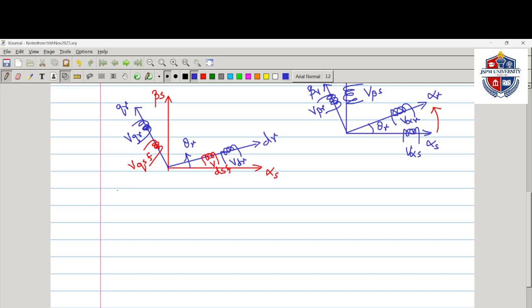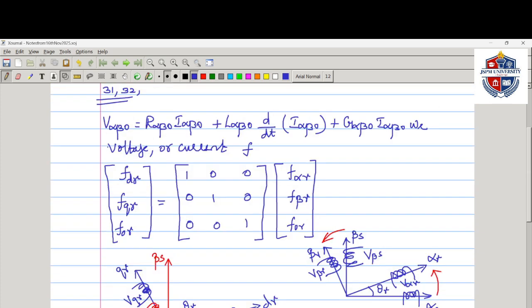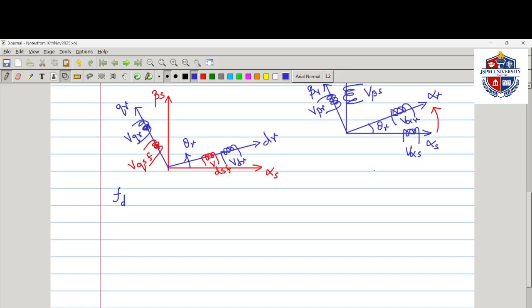So now I am going to write the fictitious variables. Already I have given the stator and rotor variables here as such, right? So now I am going to write those fictitious variables. I can write FDSF, FQSF and F naught SF. These three variables can be voltage or current, whatever it may be.